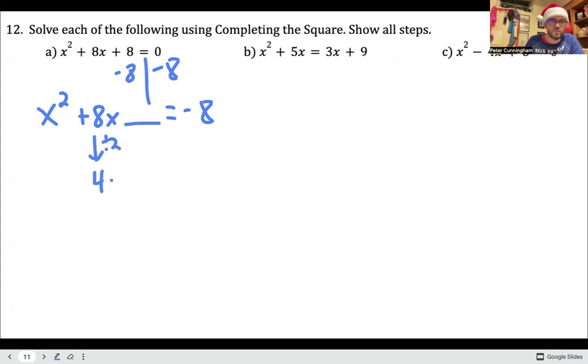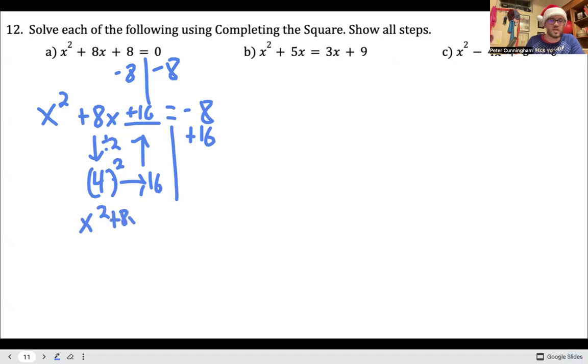Divide by 2, we get 4. 4 squared, 16. So we add 16 to both sides. And now we have x squared plus 8x plus 16 equals 8.